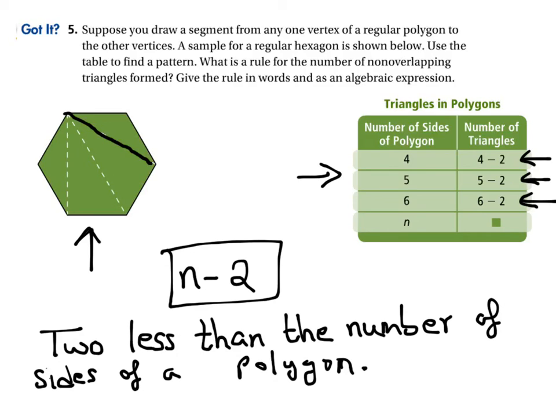So the rule for the number of non-overlapping triangles in any polygon is 2 less than its number of sides.